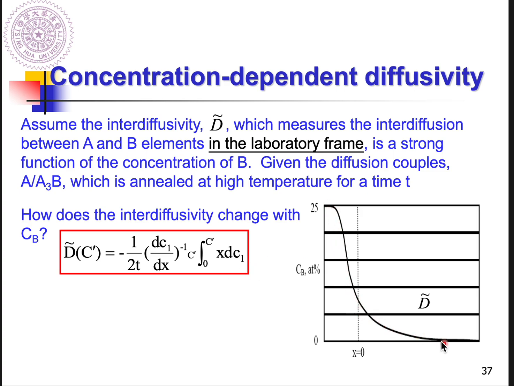Based on these curves, the slope, the concentration gradient at this region is small. After taking the reciprocal, you get the interdiffusivity term that should be higher, right? And at this region, the concentration gradient is high, but after taking the reciprocal, this term should be small, right?